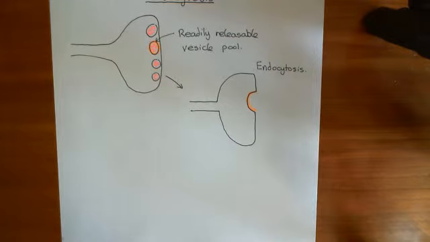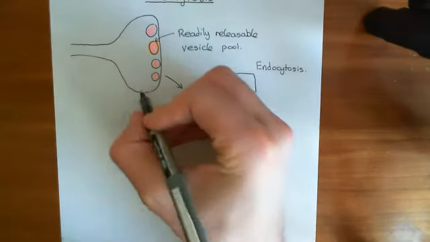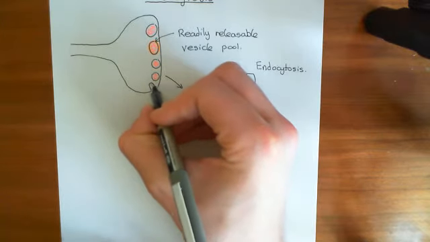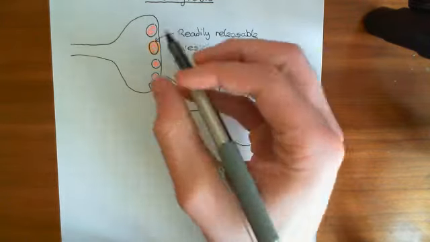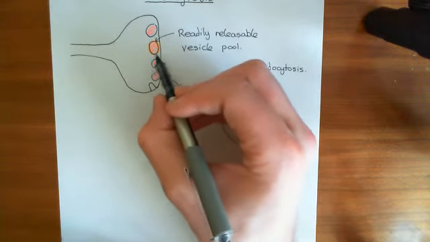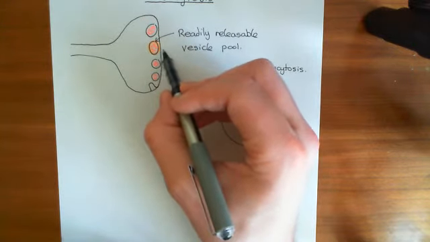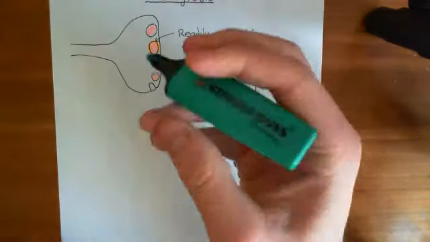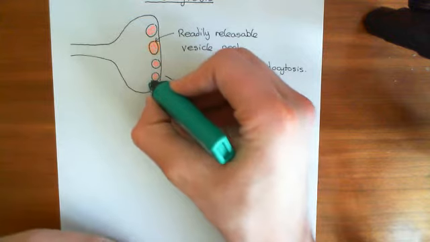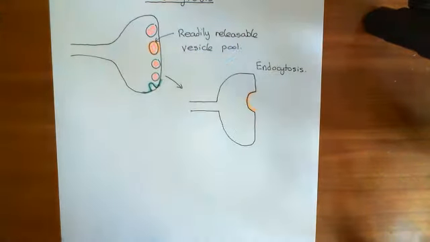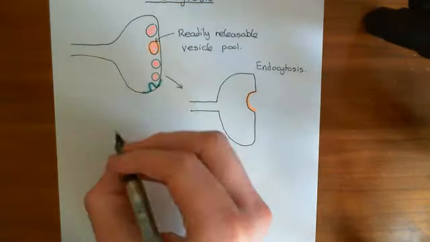But at the same time, what's going to be happening, let's say over here maybe, is you're also going to be endocytosing membrane out of the plasma membrane. So when you release a bunch of synaptic vesicle membrane into the plasma membrane, you also activate the process of recapture of this membrane back into synaptic vesicles. So when you activate exocytosis, you also activate endocytosis.